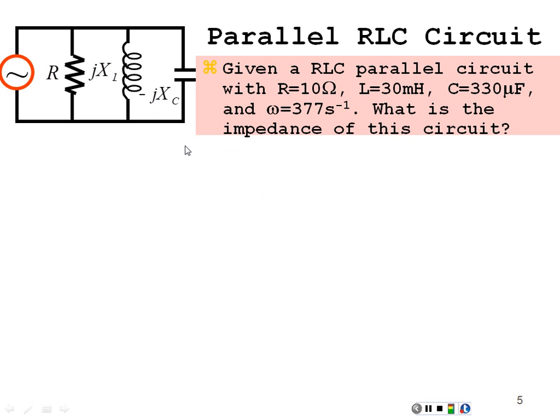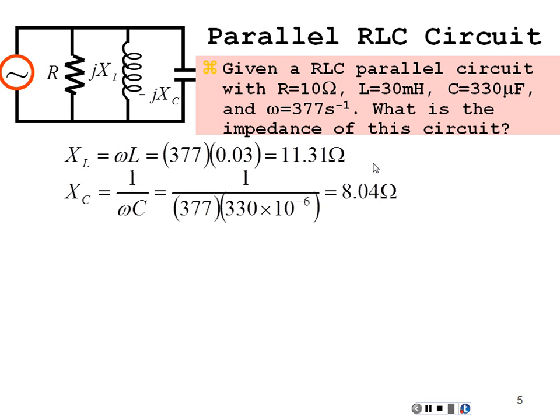They each have their own separate impedance. If we use our omega, which is 377, the inductive reactance would be 377 times 30 millihenries, 0.03 henries, 11.31 ohms, and the capacitive reactance would be 1 over omega C, 1 over 377 times 330 microfarads, 8.04 ohms.